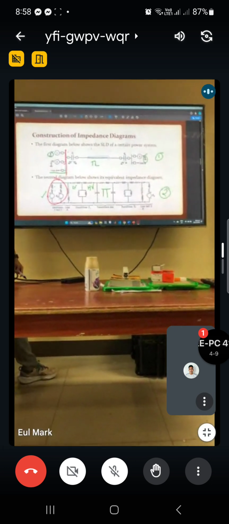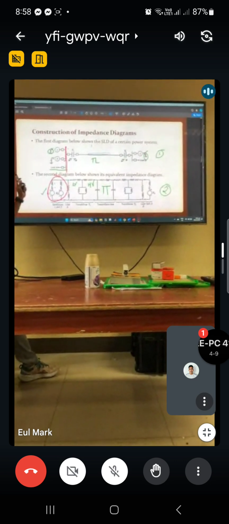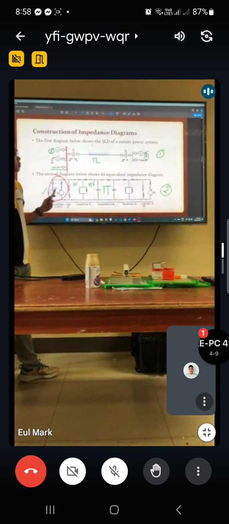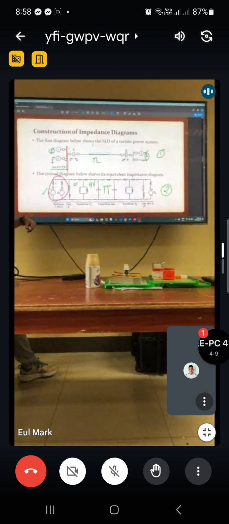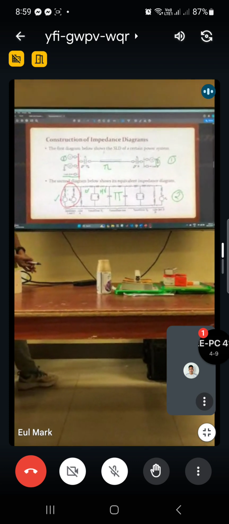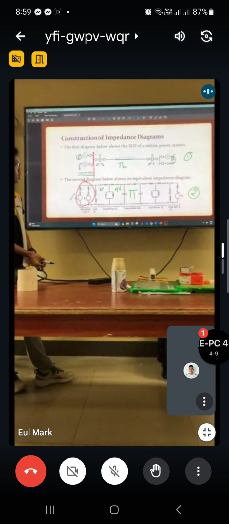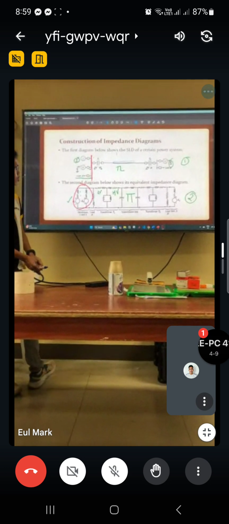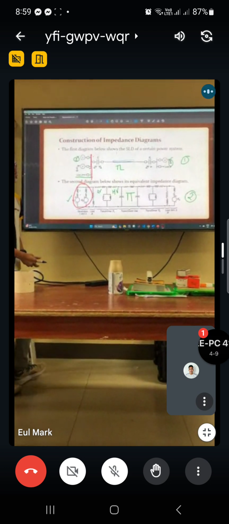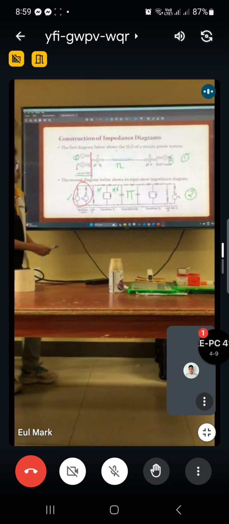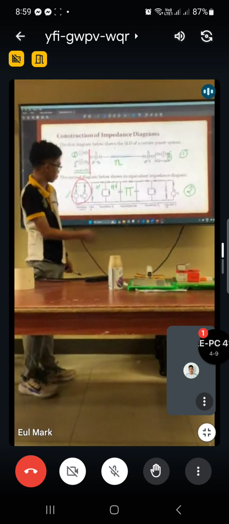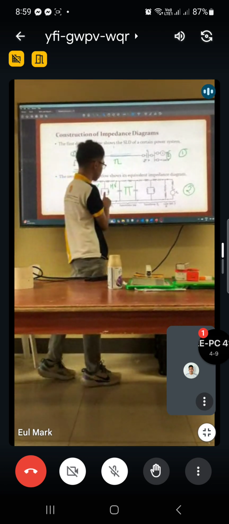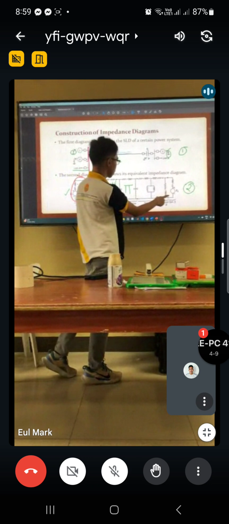Actually, it's difficult. The equivalent impedance diagram is a struggle to analyze. You can do nodal analysis or something else, but it is confusing. If you use mesh analysis, there are meshes 1, 2, 3, 4, 5, 6, 7, 8, 9, 10.